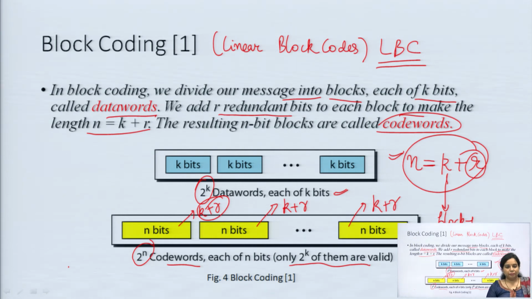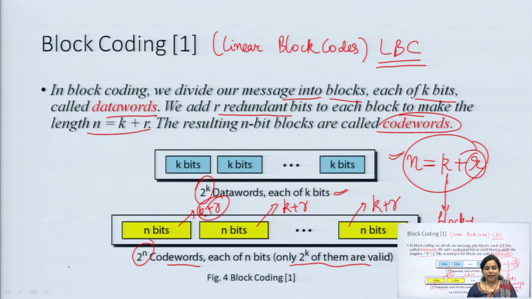So, basically what it says in block coding is that whatever number of bits you want to transmit, at the very first step it will be divided into equal blocks of k bits. Now, each block will be added with the redundant bits, denoted by small r.